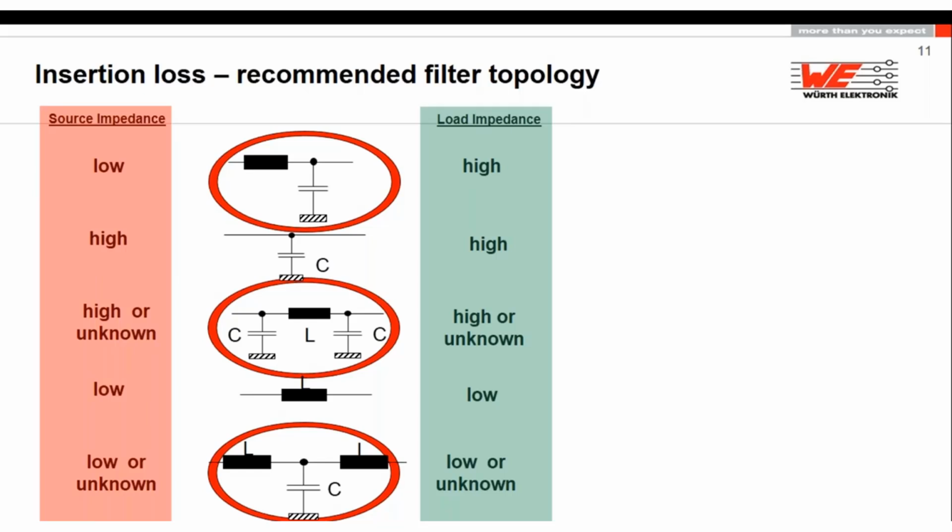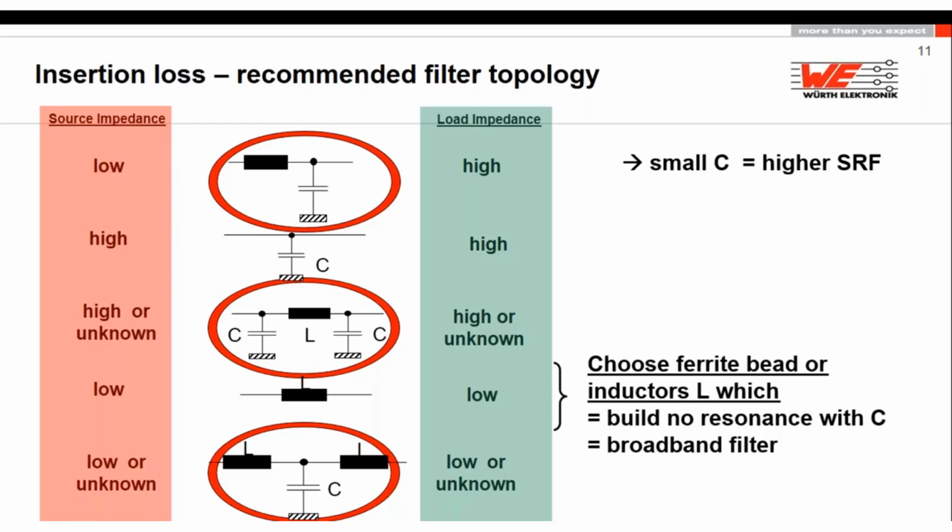For this reason, I suggest using small capacitance, maximum 1 microfarad, with low ESL and low ESR, and for the inductor, please take care that you use a low Q factor inductance. Use chokes.